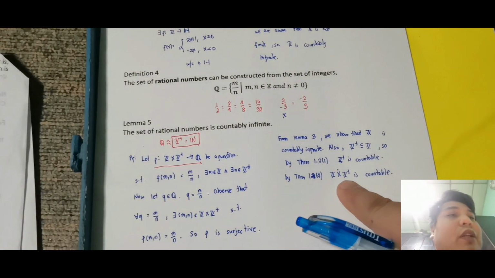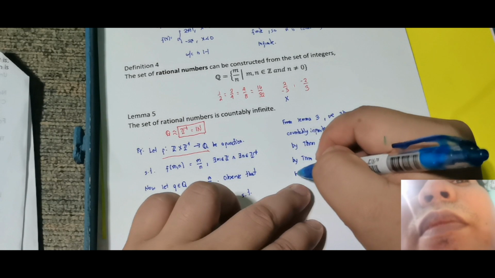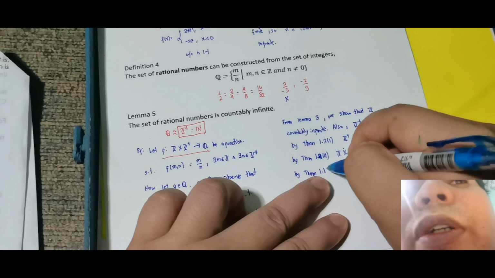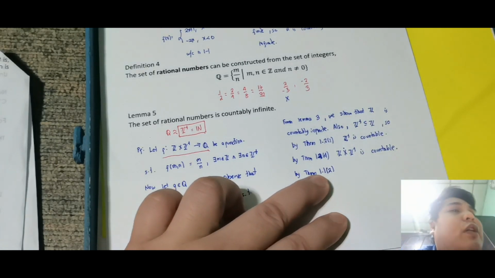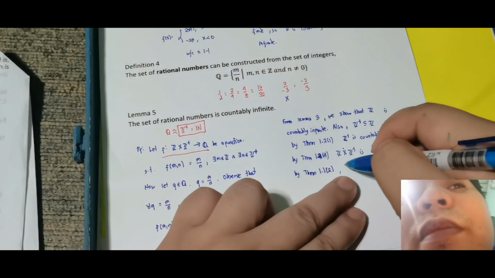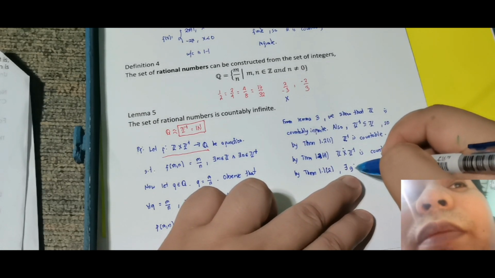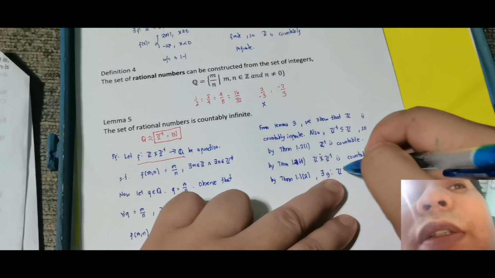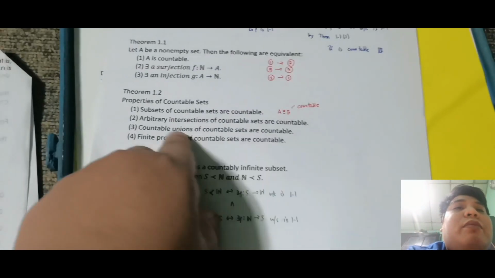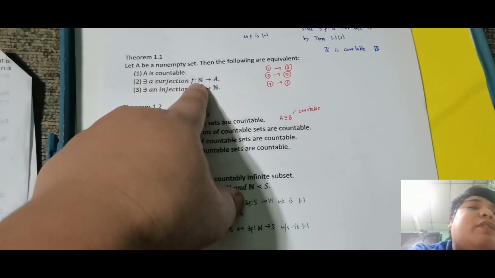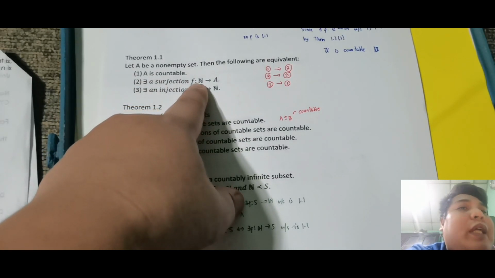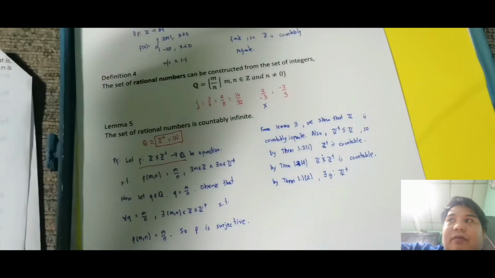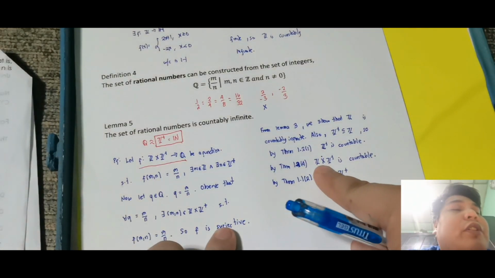So, by theorem 1.1 number 2, since countable yun, therefore there exists a function G mapping from Z plus, okay, nakalagay kasi dito N, going to A. Ang ginawa ko, Z plus going to set A ko, yung Z cross Z plus.